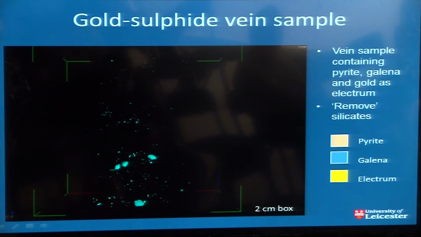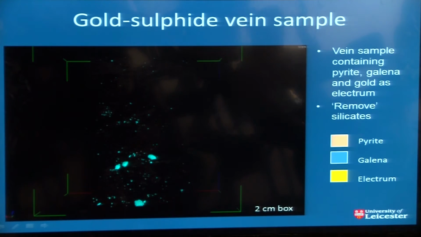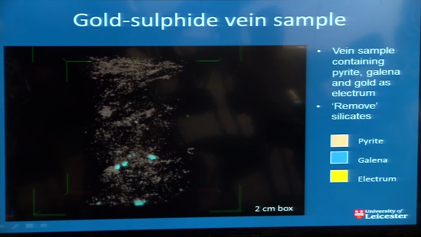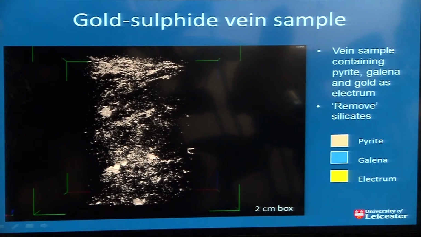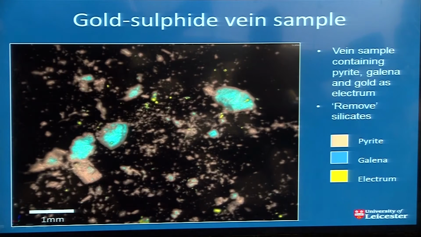And what we're seeing here is that there is a good correlation texturally between where the gold is and where that galena is, and not necessarily where the pyrite is. So immediately, it's given us a good feel for the associations and some paragenetic information. You can zoom in on that, you can see the gold in here associated more with those galenas.